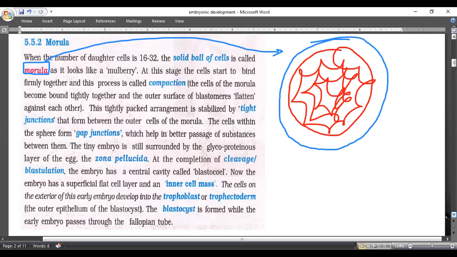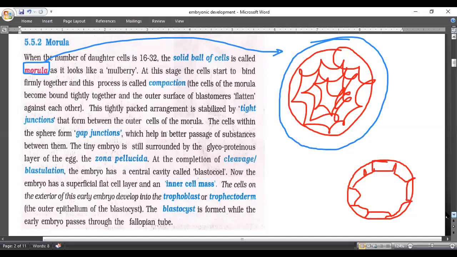The cells become bound tightly together, and the outer surfaces of the blastomeres flatten against each other. Let me show you. Here the outer surfaces of the cells are flattening, and they bind each other with tight junctions.